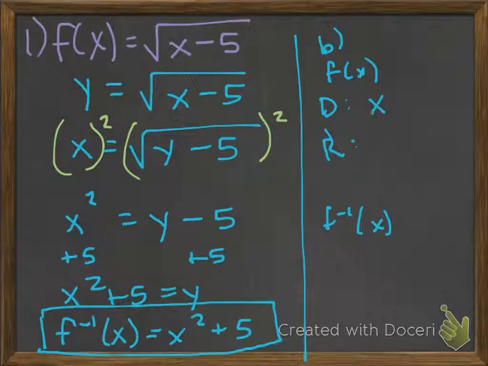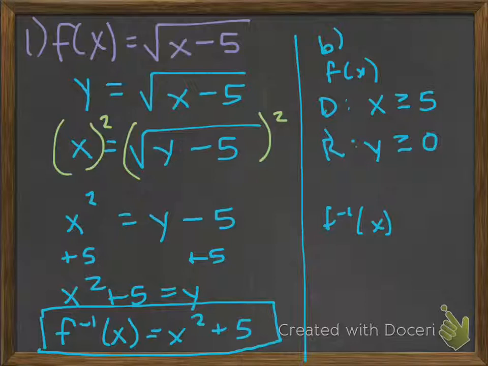So my domain is x is greater than or equal to 5. If I plug 5 in, 5 minus 5 is 0, and the square root of 0 is 0. So that means the matching y value when x is 5 would be 0, so my range is y is greater than or equal to 0. And again, you may use a calculator for that part. It might be easier for you to look at a picture.